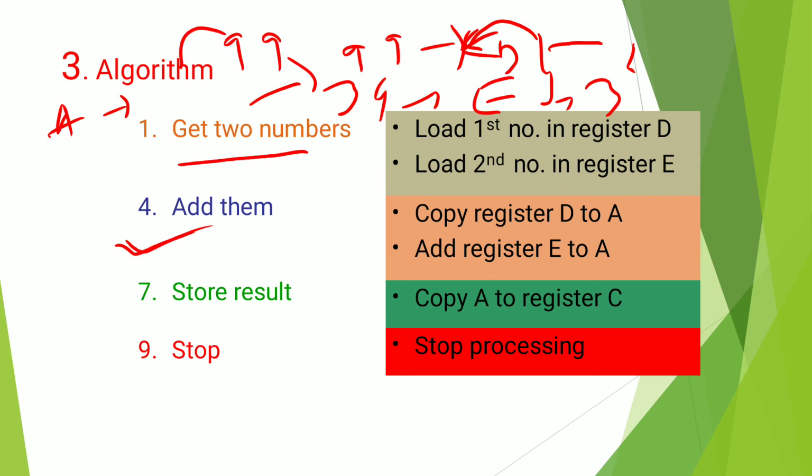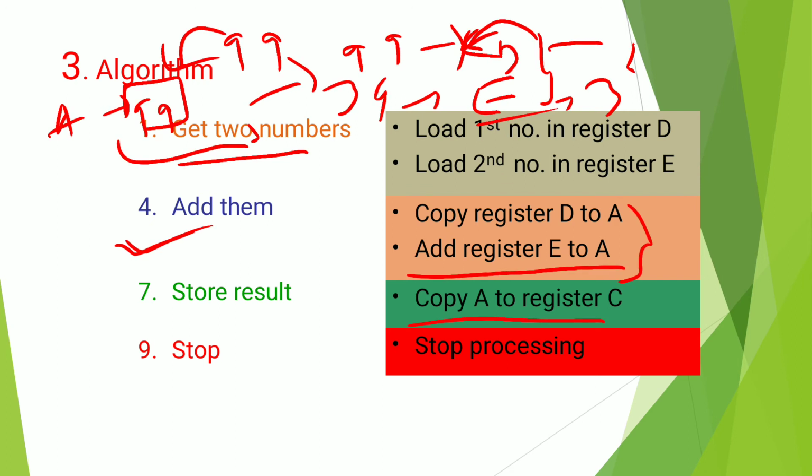This 99 is copied to register A. So the accumulator has 99, and the content of the accumulator is added with the content of register E. Now the addition is performed. Our aim is to move the result into register C, so copy A into register C. Store the result. Now stop the program. This is the algorithm.